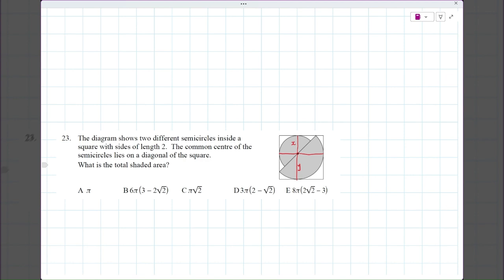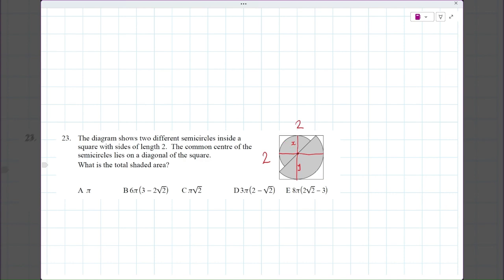Often, with these kind of questions, if you're given, say, the side length of the square, which you are in this case, then finding the length of the diagonal is quite useful. So remember, a diagonal is the distance between two opposite vertices. So this is our diagonal in this case.